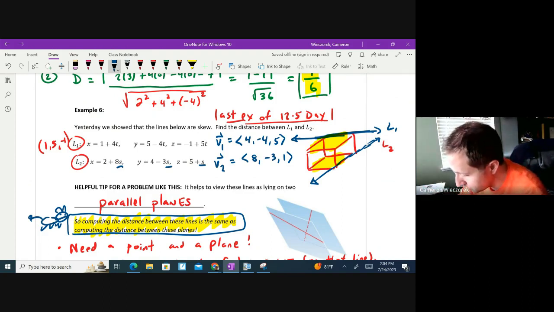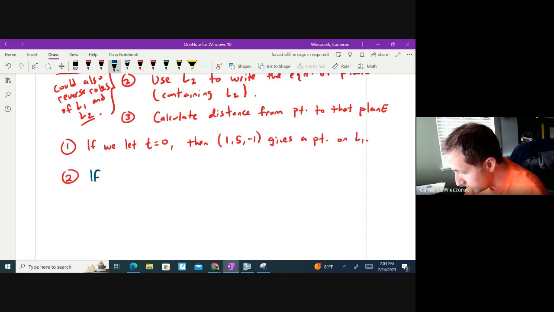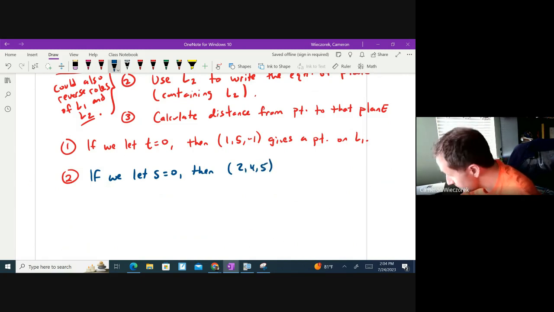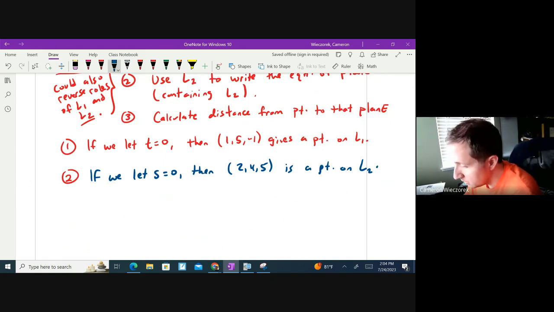So if I let s equal 0, clearly the point 2, 4, 5 is going to lie on line 2, and therefore it's going to lie in the plane that we're going to write the equation of. So if we let s equal 0, then the point 2, 4, 5 is a point on line 2. And so now we just need a normal vector to the plane containing that line.